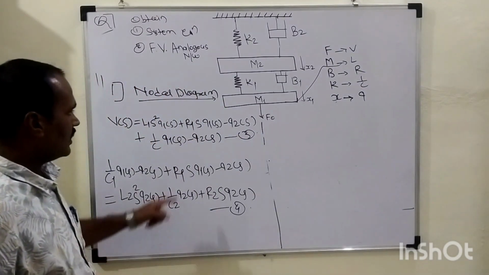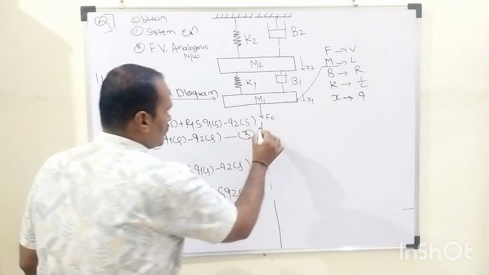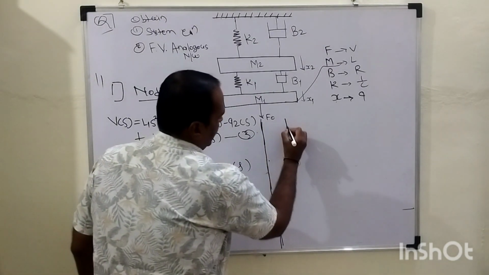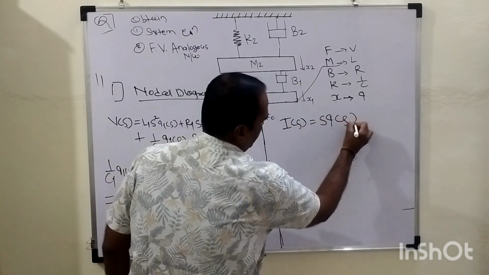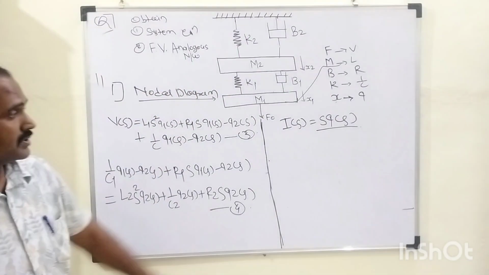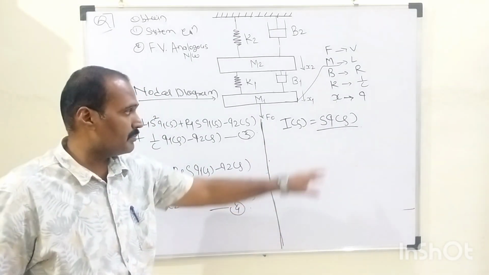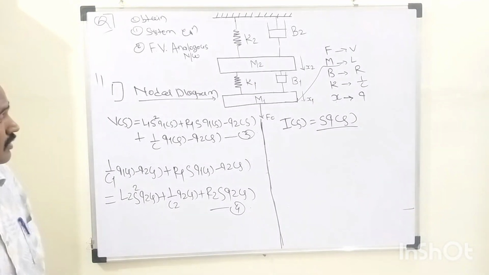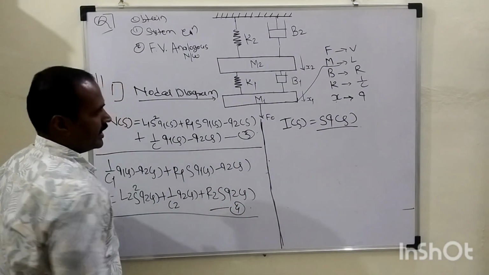Now see, as far as we are having equation number 3 and equation number 4, so in these two equations we need to replace this term I of S equals to S into Q of S. So S into Q of S, according to the force voltage analogy, I of S equals to S into Q of S. So we need to replace this term S into Q of S with this I of S, right? As a result of replacement, one more time we need to rewrite this equation number 3 and equation number 4.